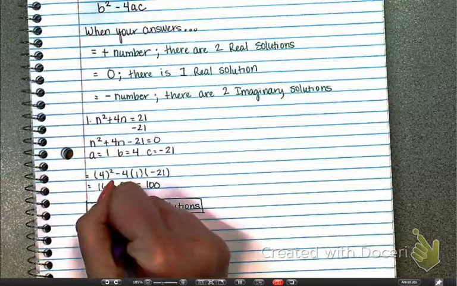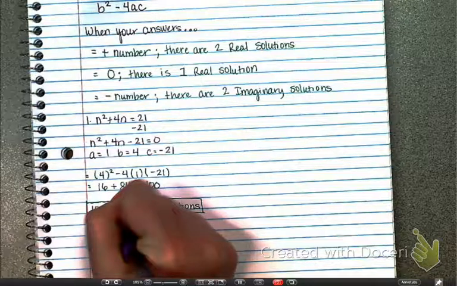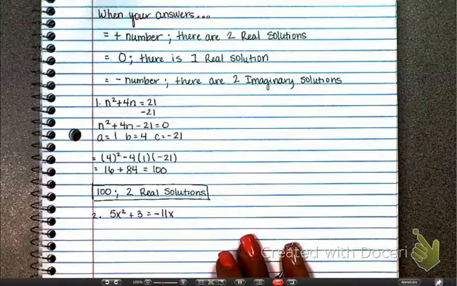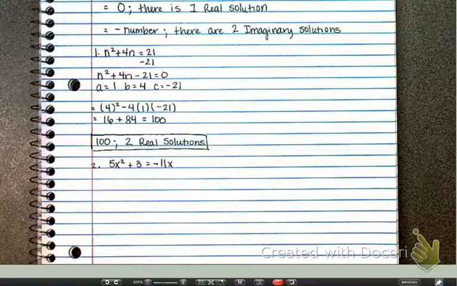How about 5x squared plus 3 equals negative 11x? Again, this needs to be in standard form before I can do anything. So where do I start? Add 11x.